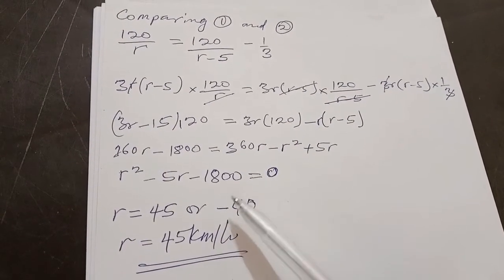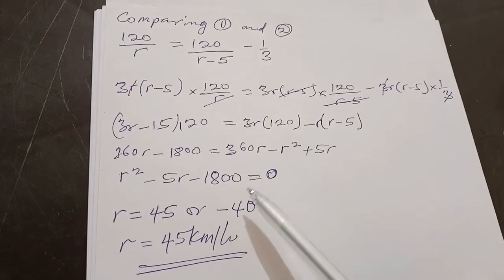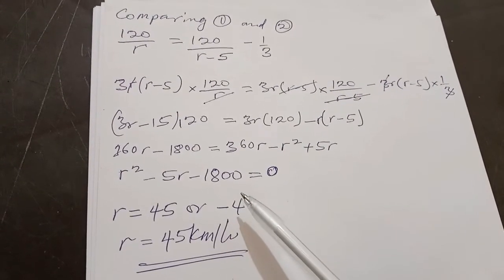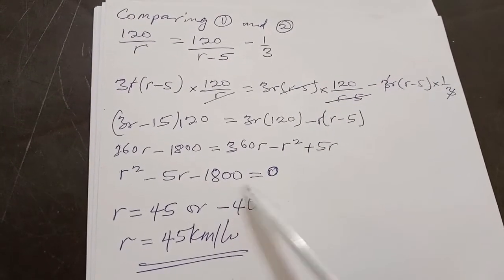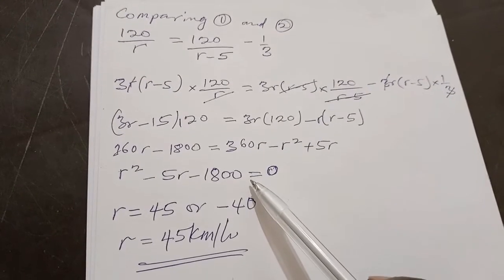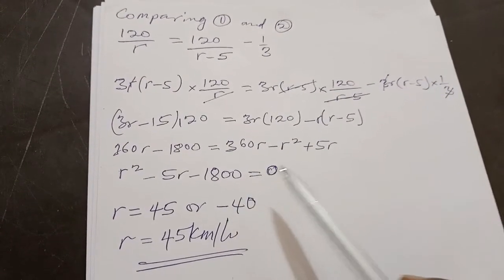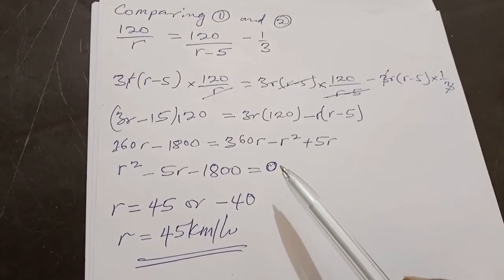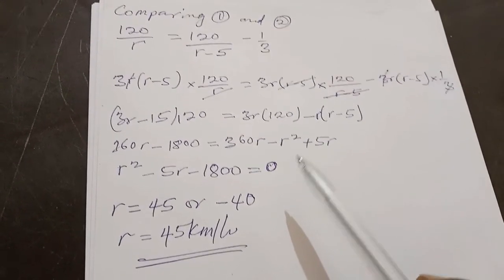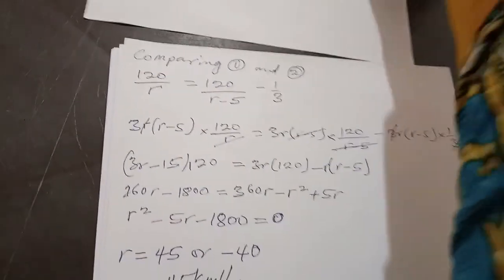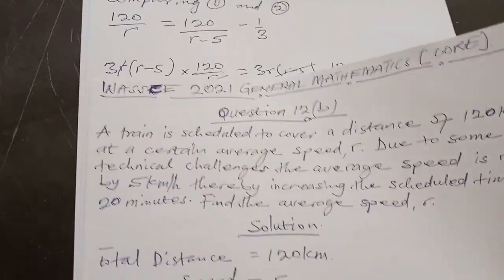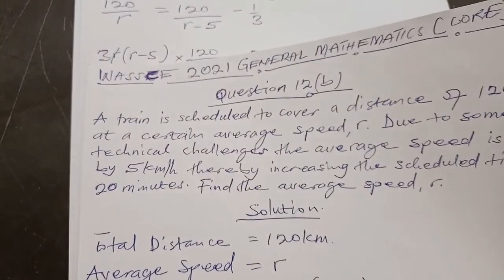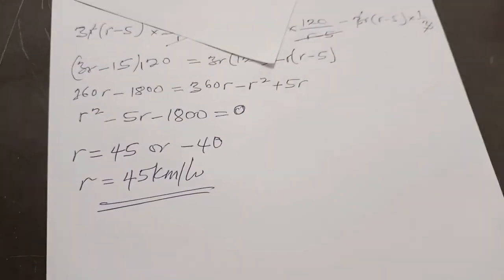So for us to save time, we just use it to solve, or use the calculator. So if you are having problem with how to solve quadratic equations, then I will encourage you to check those videos and then you find the solutions there. So since the question only asks us to find the average speed r, this is where we are ending the solution to our question.